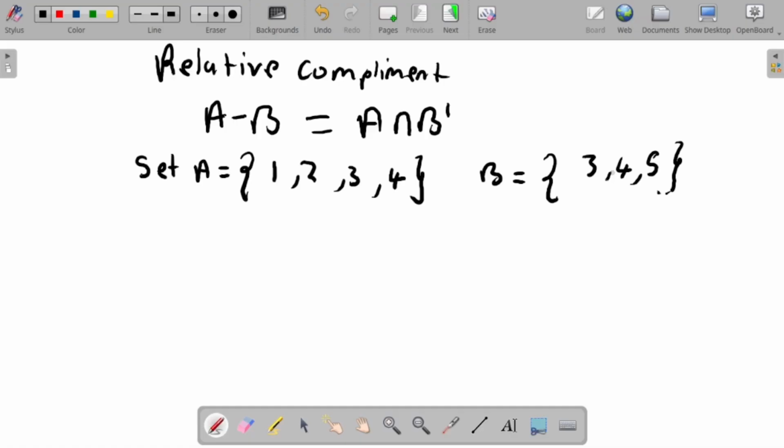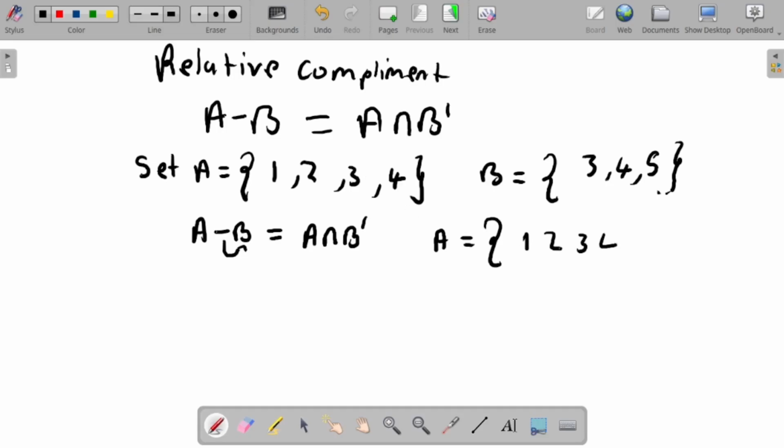If they ask us to find A minus B, you must first interpret it to say A minus B is equal to A, you change it to intersection, then anything that follows this minus symbol is going to carry a complement, like that. So you can just say, what is our A? You list A to say that is 1, 2, 3, and 4.